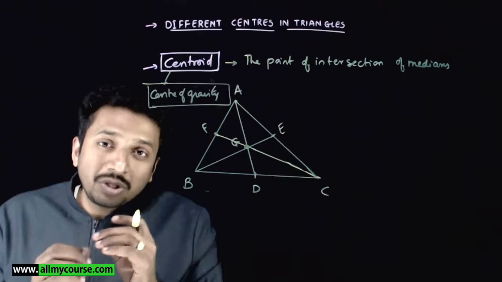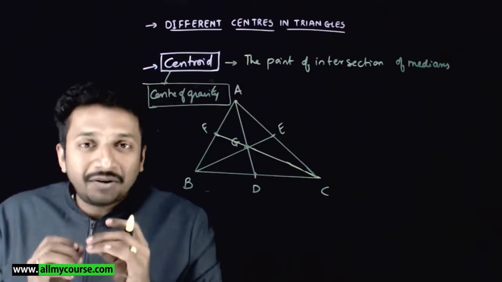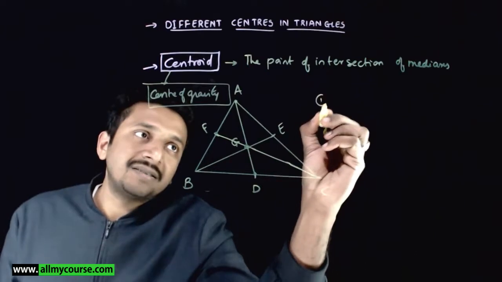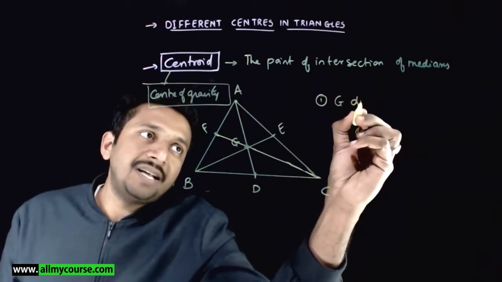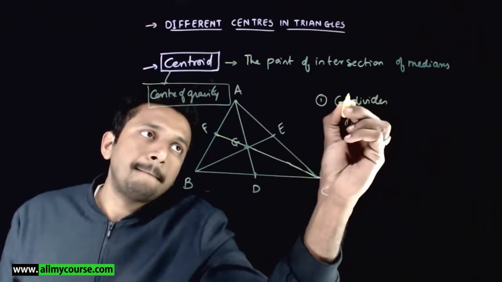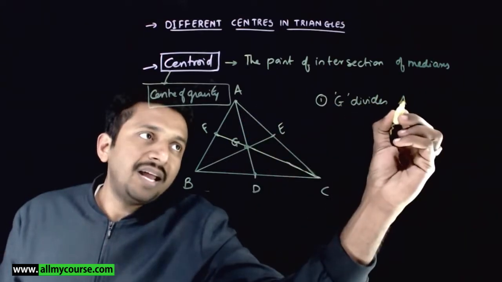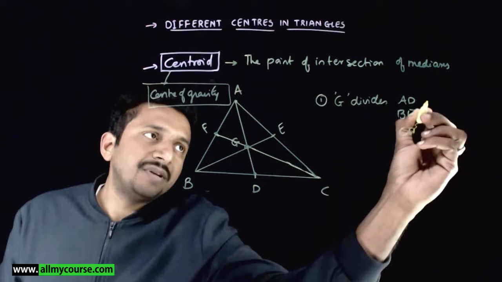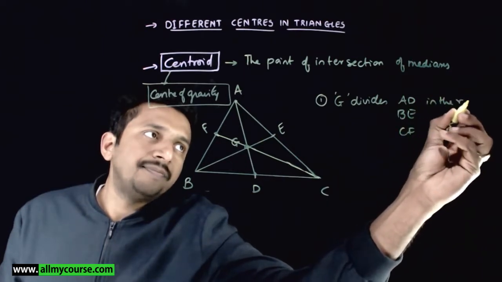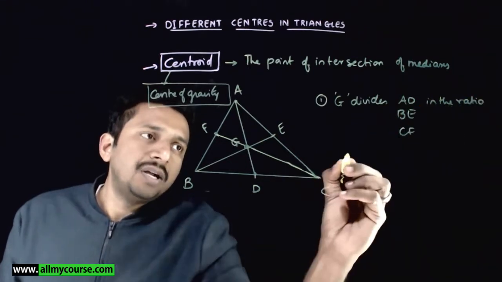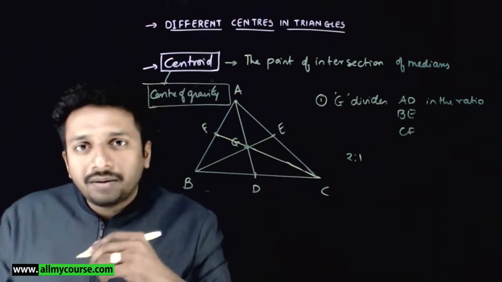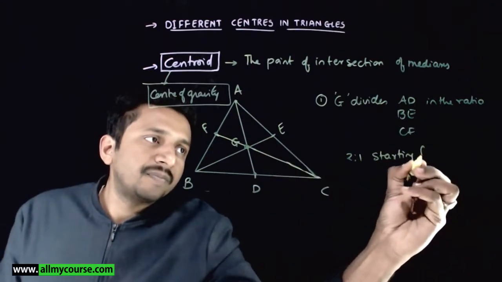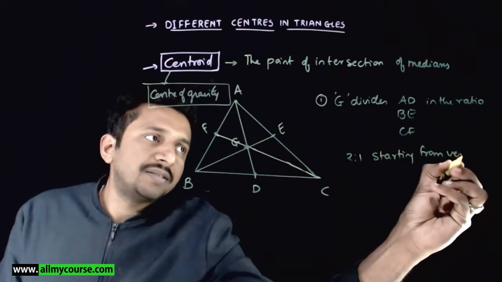Now, what is the most basic property of the centroid that you need to understand? The centroid G divides the median AD or BE or CF in the ratio 2:1, starting from the vertex.